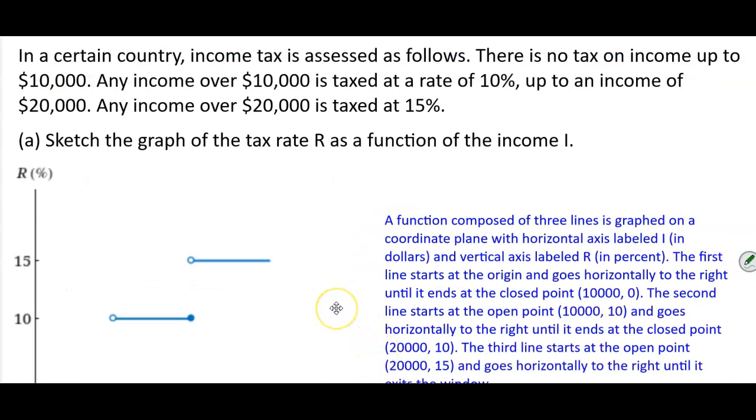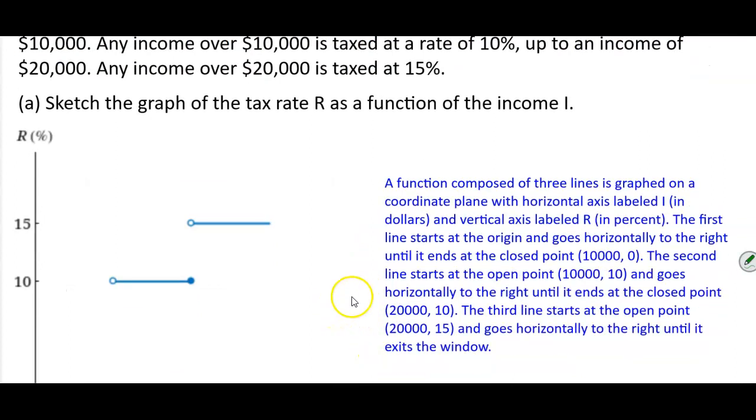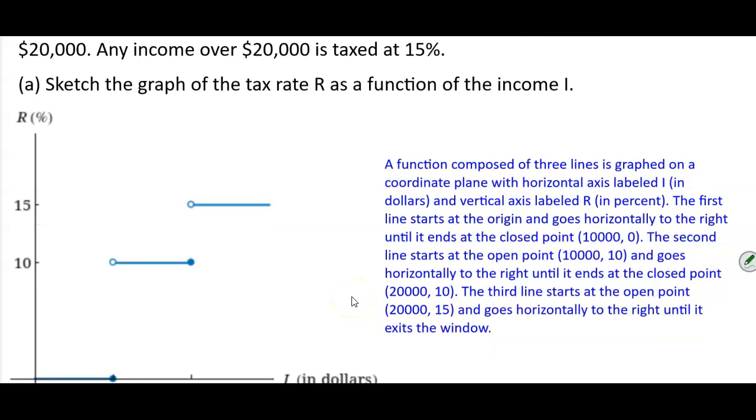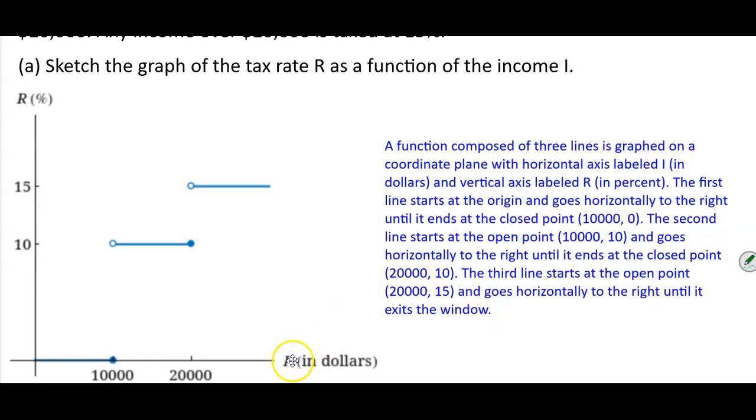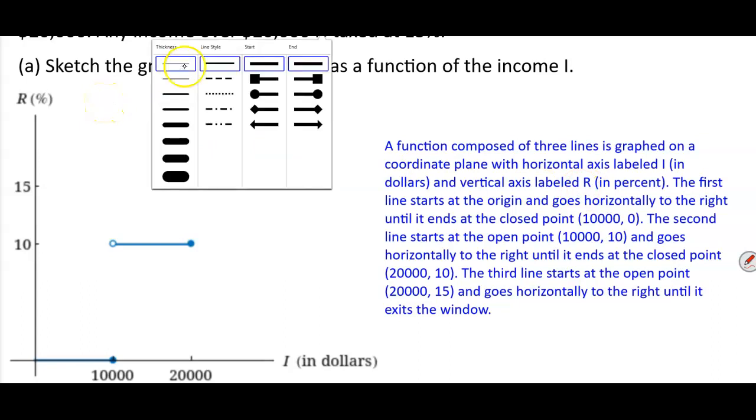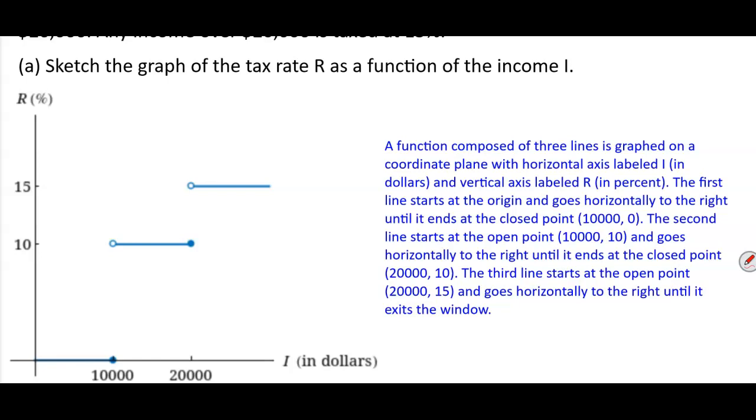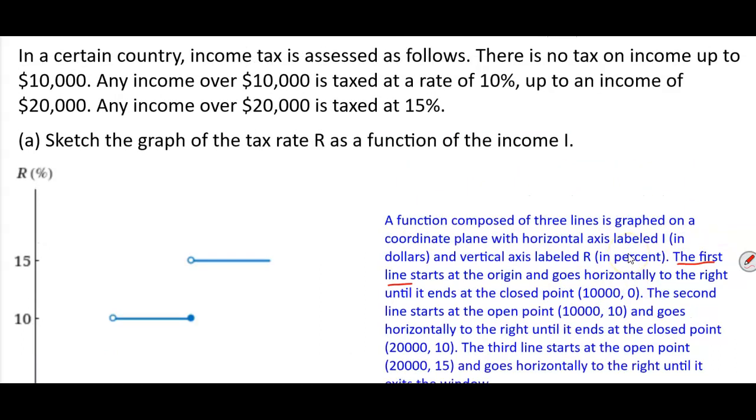Okay, so we want to sketch the graph, so we need to look at this as a function composed of three lines, which is graphed on the coordinate plane with the horizontal axis labeled as I in dollars, and the vertical axis labeled R, which is in percent. The first line starts at the origin and goes horizontally to the right until it ends at the closed point of 10,000, because there is no tax on income up to $10,000.